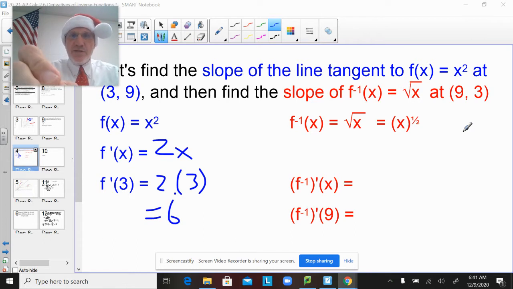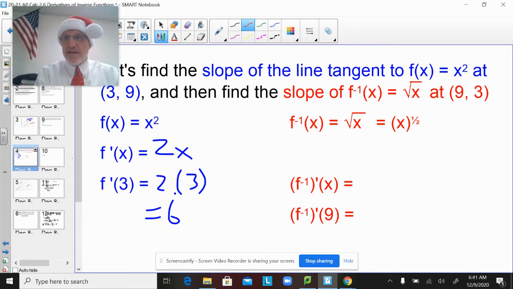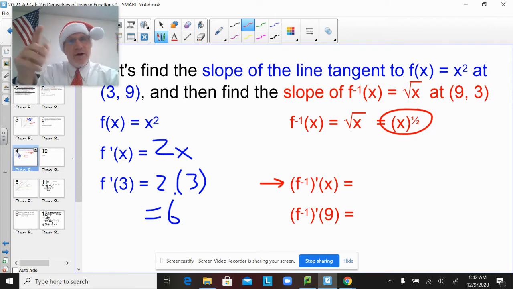As you would, I rewrote the function as x to the 1/2, just rewriting it in such a way that I can take the derivative. There's the notation for f inverse prime of x. It's awkward notation, I'm aware of that. You have to be careful and not too sloppy, or the negative, the 1 and the prime all look alike.